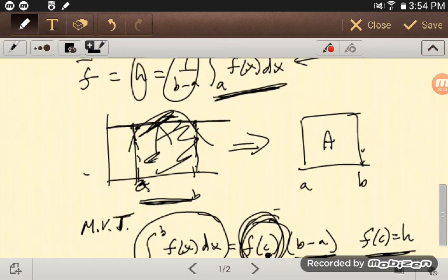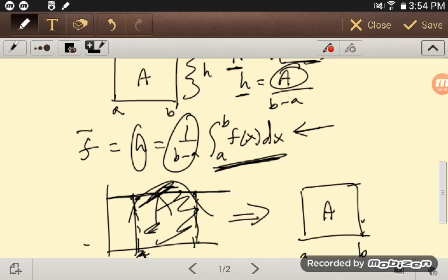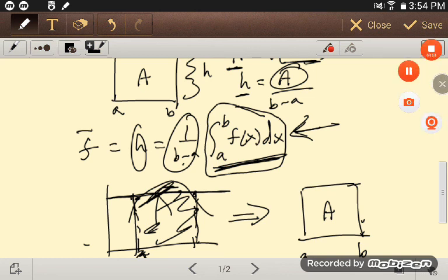But that's really saying the same thing that the average value is saying. There is a way to replace that with just a constant times b minus a. Yeah, okay, good to know. All right, so there is average value.